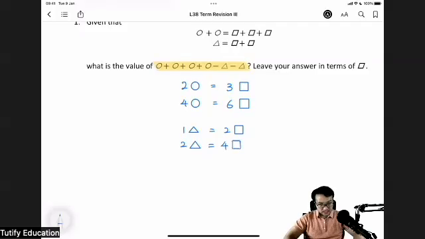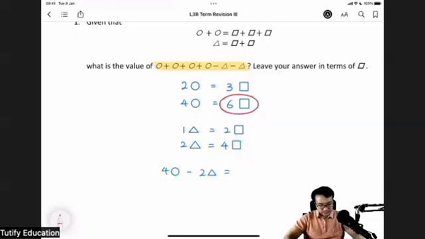So now the question is asking you for 4 circles minus 2 triangles. And what do we get? 2 squares. Yes. Just need to take your 6 circles, minus 4. Minus 6. Yes, correct. Minus your 2 triangles and you will end up with 2 squares. Very good. Thank you, Maximus.